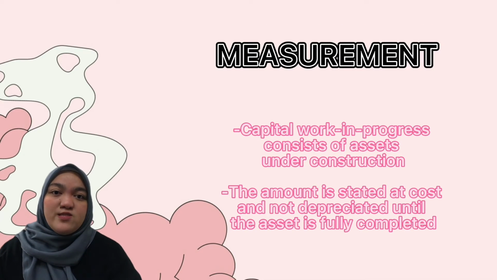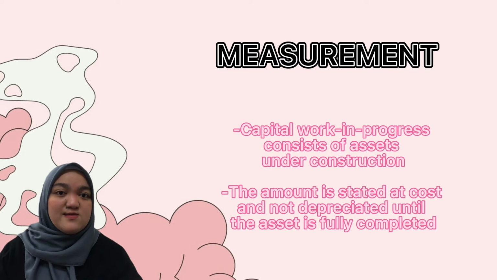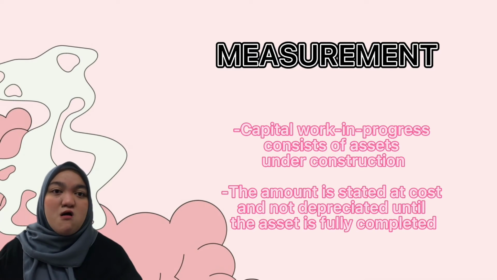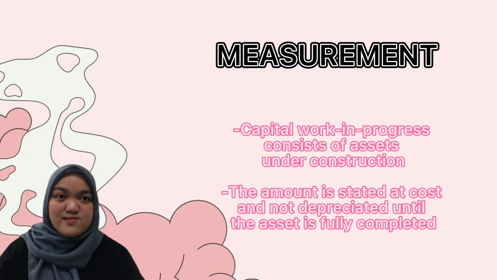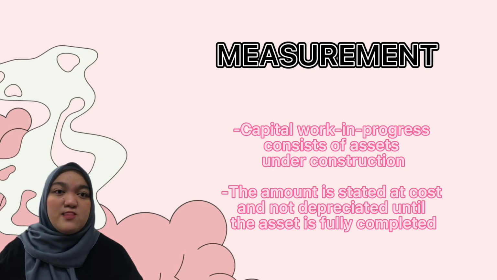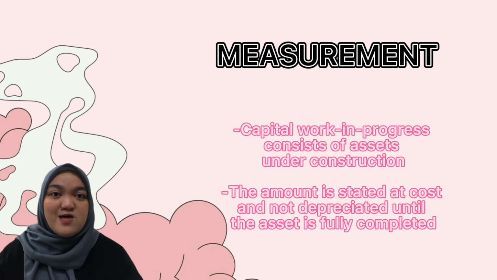For measurement in this company, it's about capital work in progress, which consists of assets under construction or installation for use as production facilities. The amount is stated at cost and not depreciated until the asset is fully completed and brought into use.